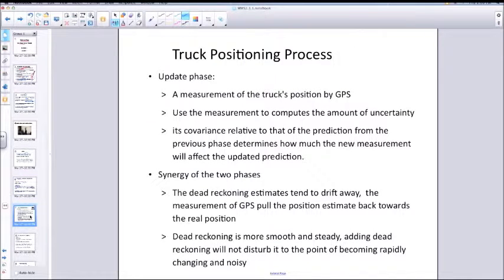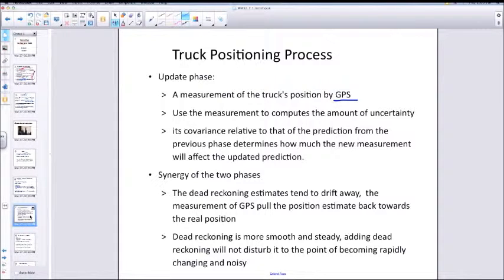The next stage, in the update phase, we're going to use the outside reference and the measurement to help track the track position. Now, in this case, we use GPS. GPS uses the satellites as references.